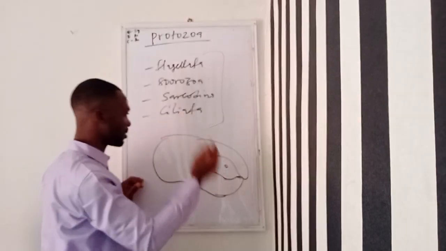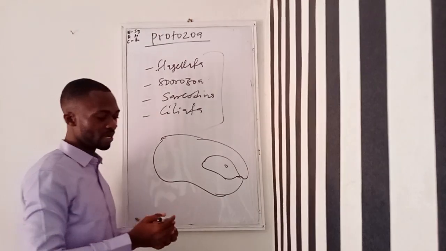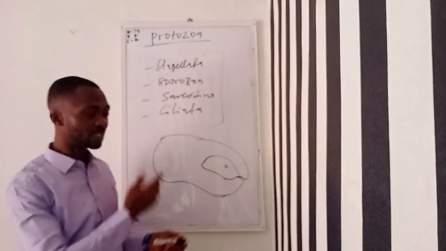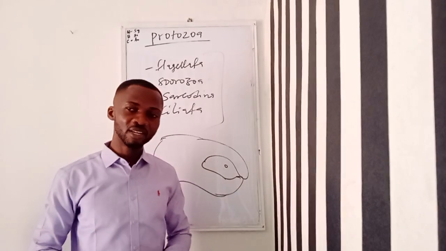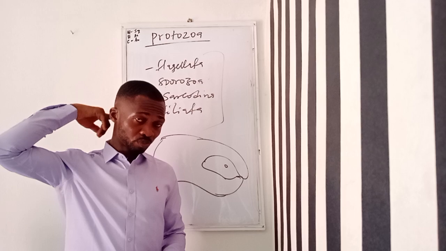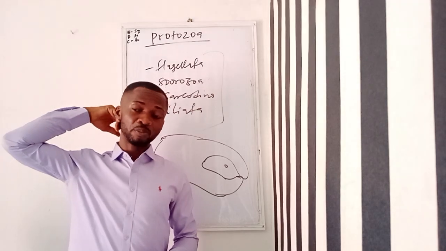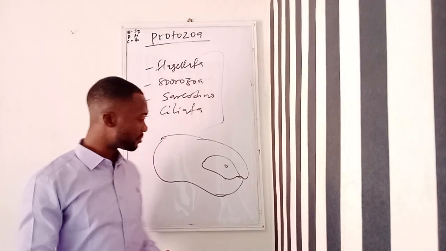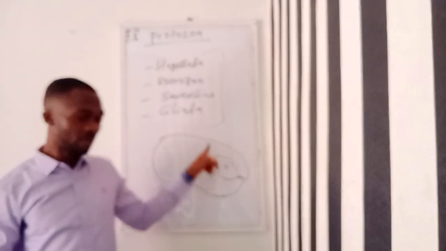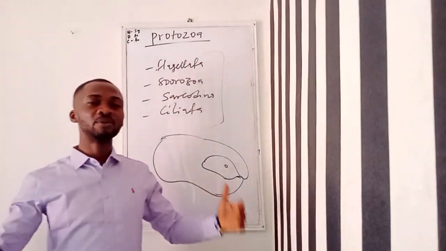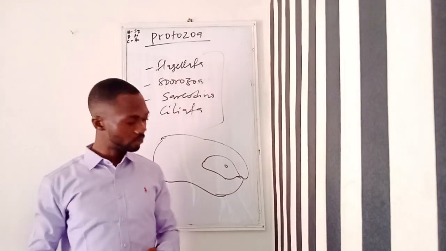The cytoplasm helps to engulf the food, and the food is digested within the vacuole. So that is how they feed using the pseudopodia, and also for locomotion. Any part of the cytoplasm could be extended, because it's not fixed. That is why pseudopodia is called a temporary extension of the cytoplasm.